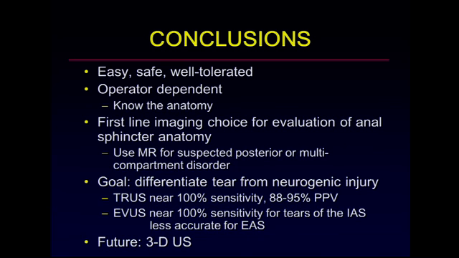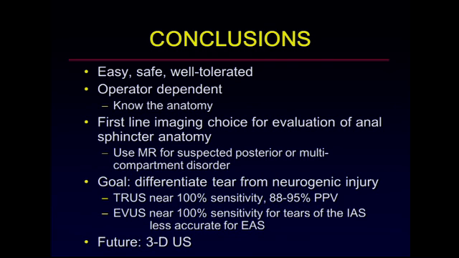And transrectal ultrasound, in our experience, has about 100% sensitivity and a little bit lower positive predictive value for identifying these tears and determining whether or not the external or internal sphincter or both are involved. And again, if these sphincters are intact, the cause of the incontinence would be neurogenic injury.